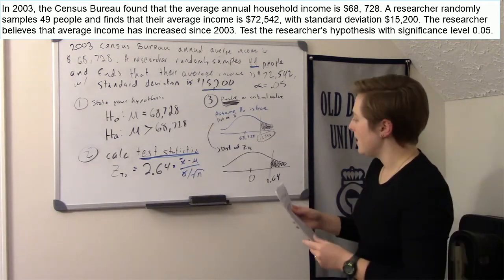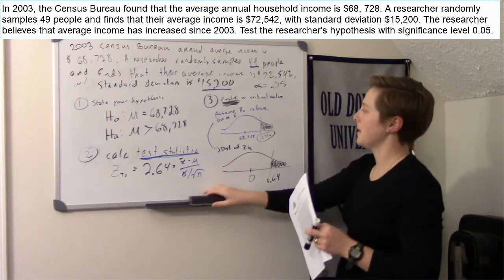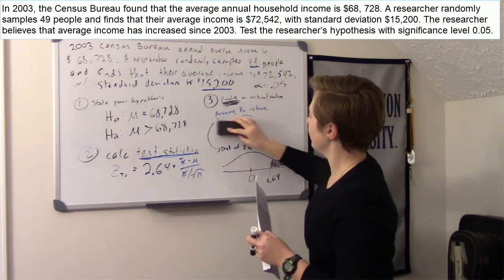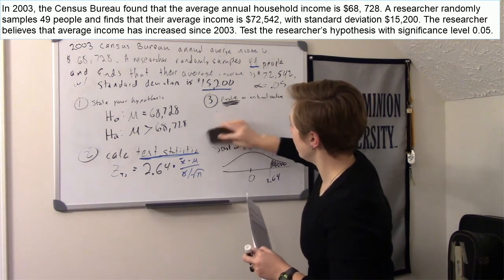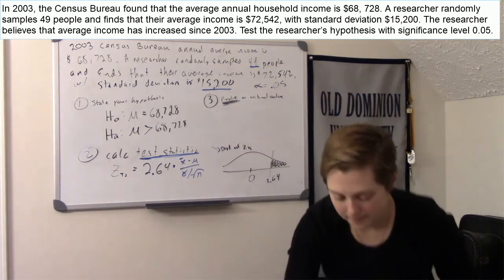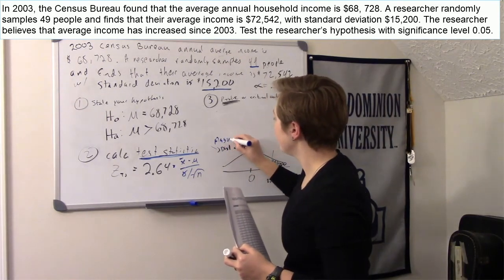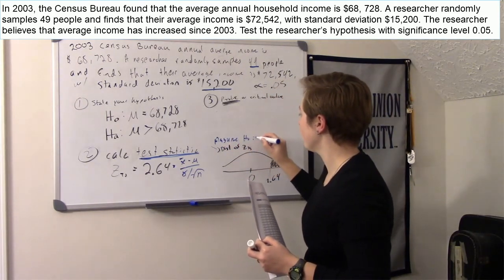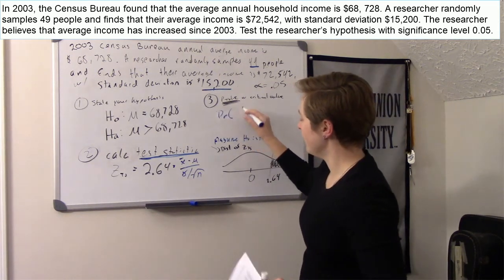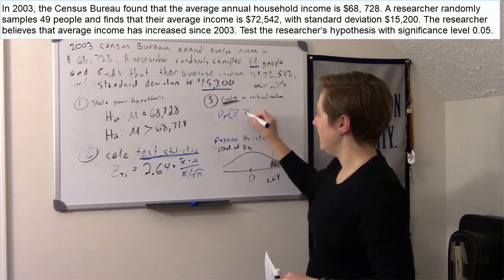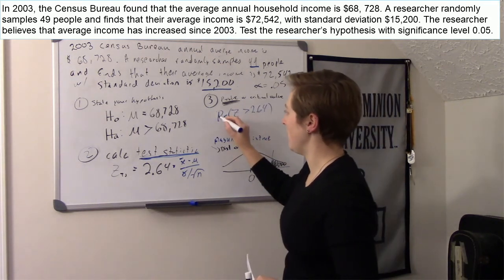Okay. So I want to find this area here. This is the distribution assuming the null, H0, is true. At this point I want to find the probability that Z is greater than 2.64. That is what my p-value is going to be.